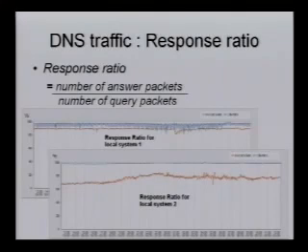Blue curve shows the response ratio of client queries. You can see response ratios vary from local system to local system. In a normal case, the red curve is slightly lower than the blue curve.